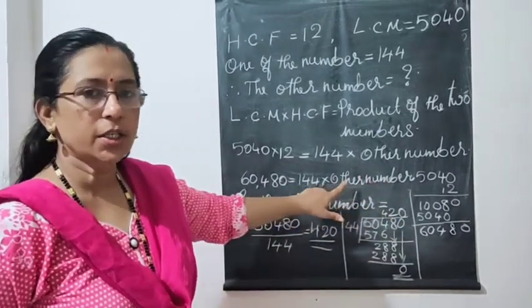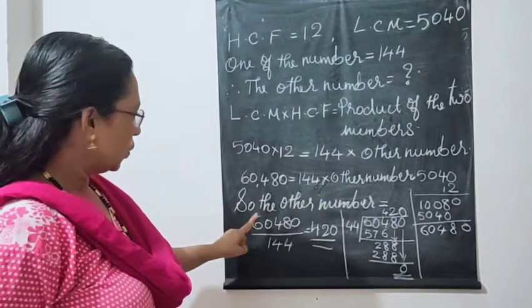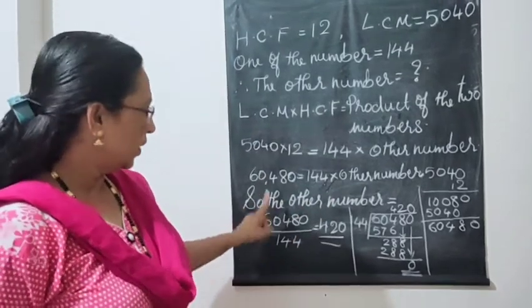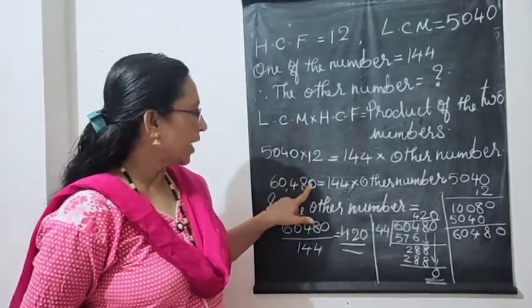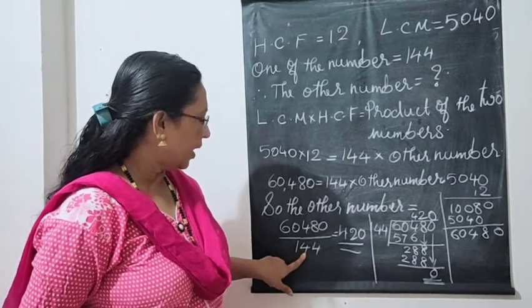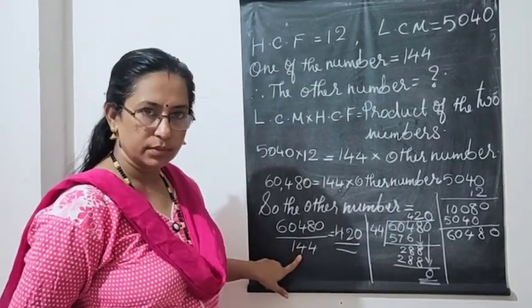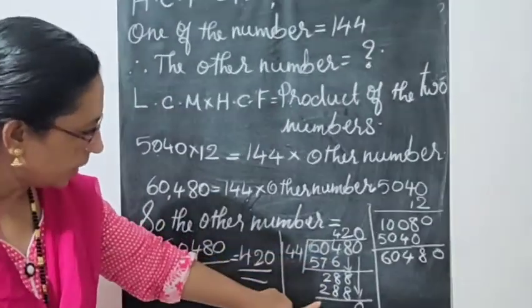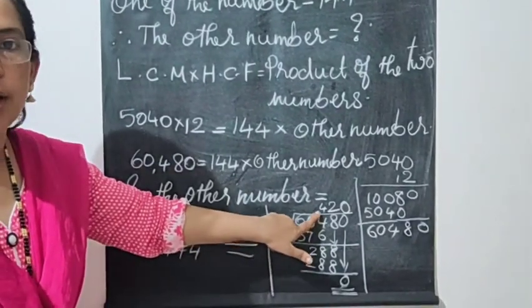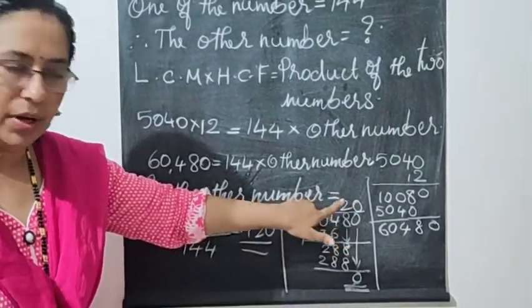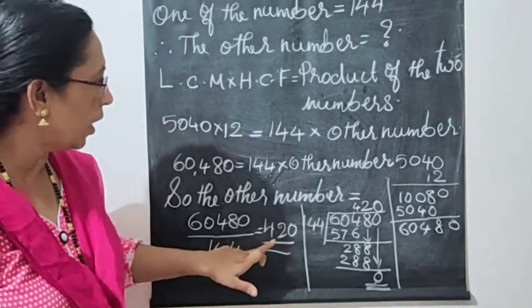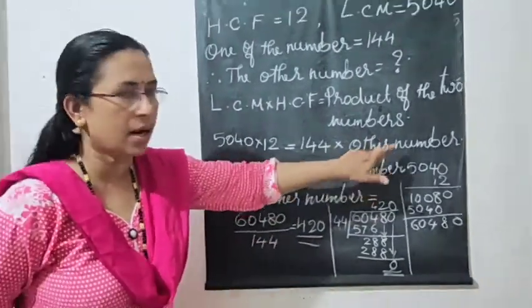Now the next step is finding the other number. So the other number is equal to 60,480 divided by 144. If we divide the number, what answer will come? 420. So 420 is our other number.